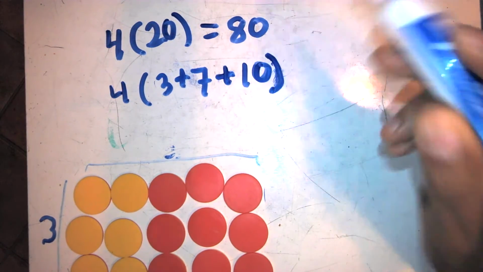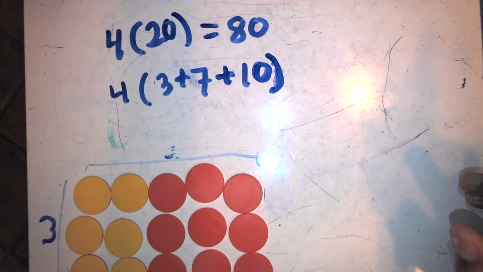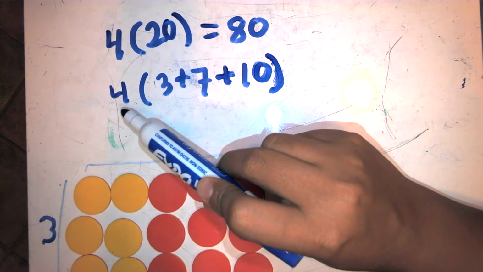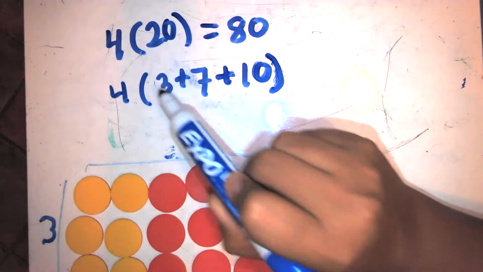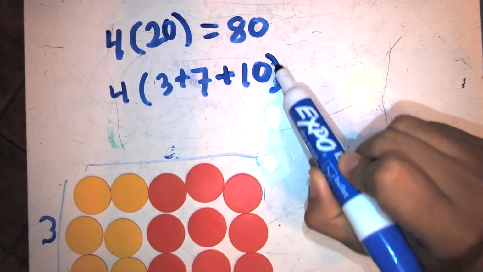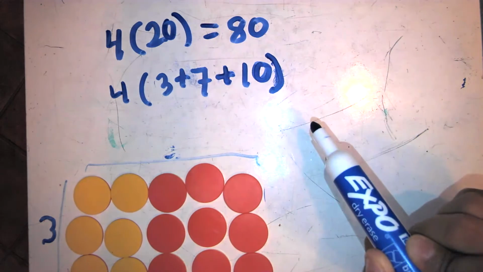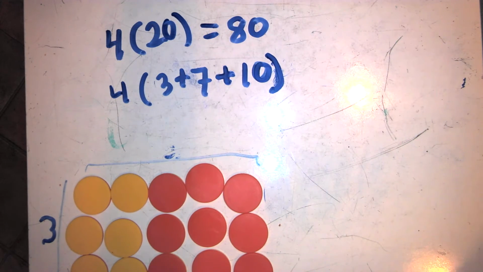That expression, 3 plus 7 plus 10, represents or is equal to the number 20. If I multiply 4 times this expression, remember this whole number needs to be multiplied by 4. This whole number is represented by this expression, 3 plus 7 plus 10.